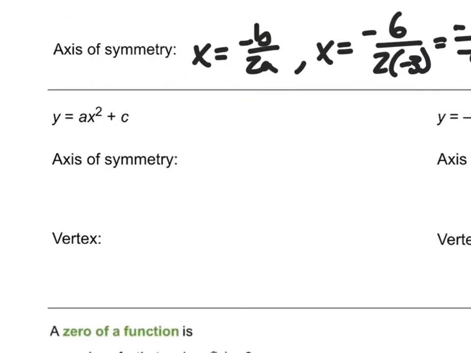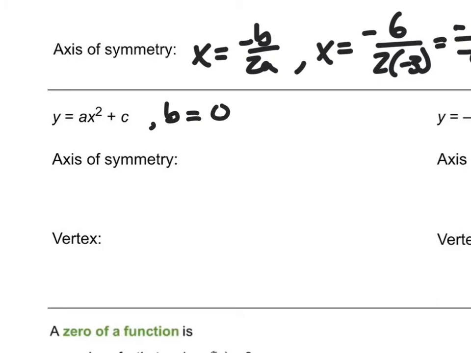Over here, okay, it doesn't give us anything. It just gives us this equation y equals ax squared plus c. So it doesn't give us any value. But what do we know about b in this case? What's b equal to? If we're not given a b, b would have to be 0.